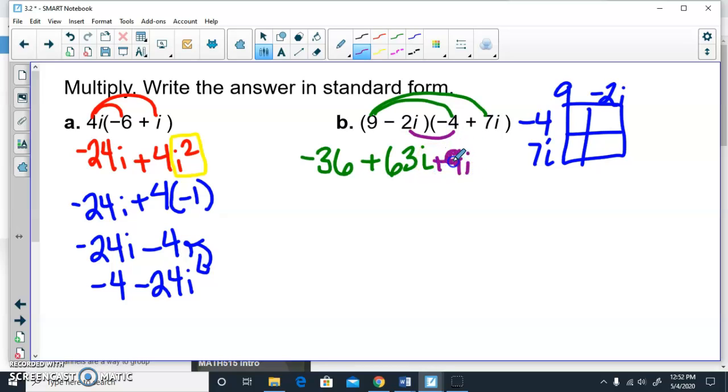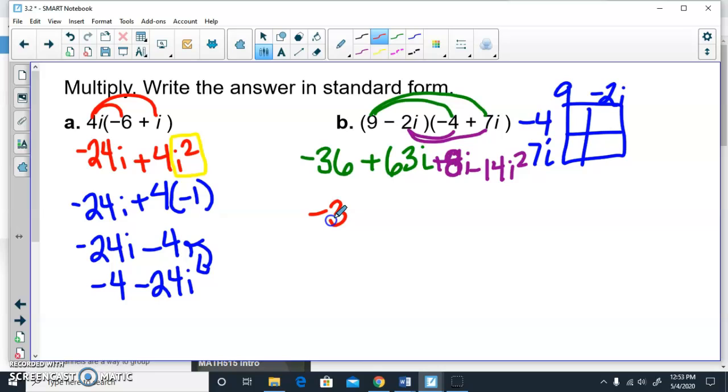That should be positive 8. And negative 2i times 7i. Or box method, whatever works for you, right? Whatever you used in your math past that brought you success, that's how you're going to multiply these binomials as well. And then we can combine our like terms.